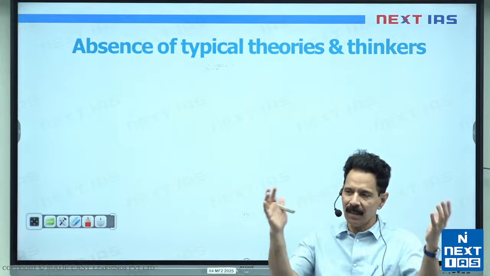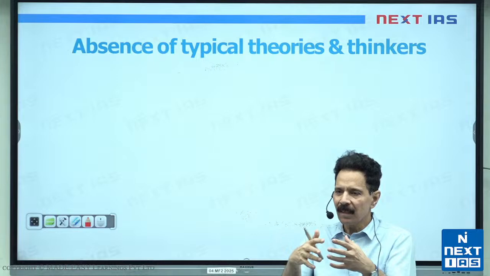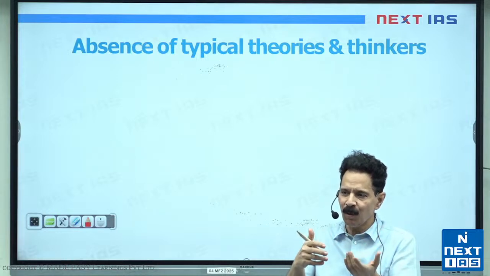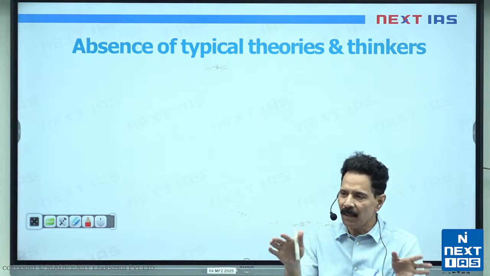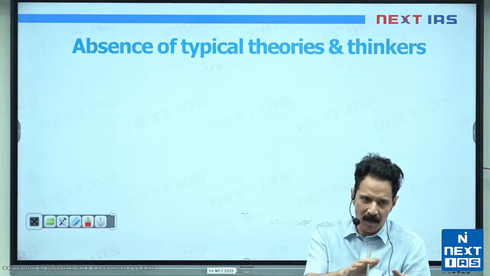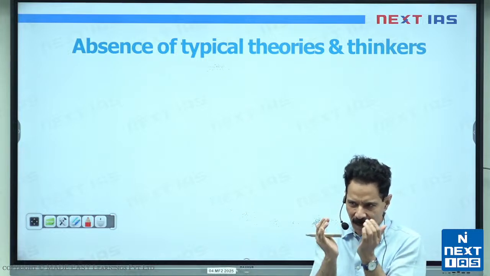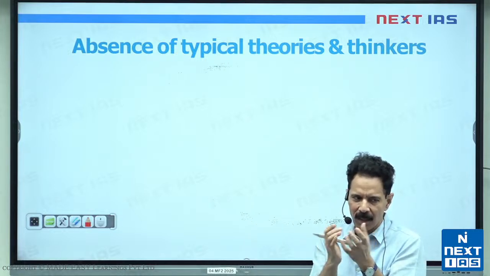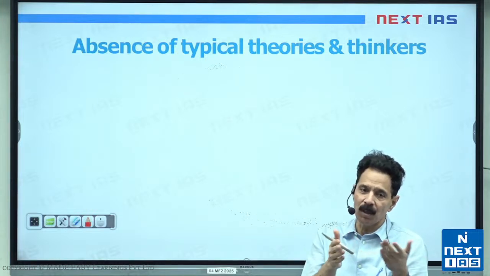So he urged the labor class all over the world, they should unite and bring about a revolution against the capitalist class in order to destroy the capitalist system that is exploiting them. I mean, this is the main theme. So this kind of thing is not complex theory or thinker. Even in Rousseau, for example, Rousseau you have to study in pol science also.